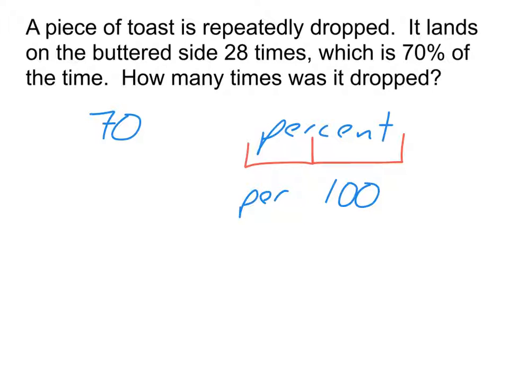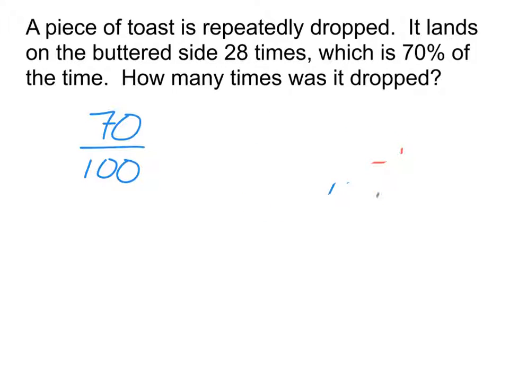A percent is how much we have per every 100. And so 70% is also the same thing as writing 70 out of 100. Which, by the way, notice, 70 divided by 100 equals 0.7. That's why we have to divide it by 100, because it's per 100.